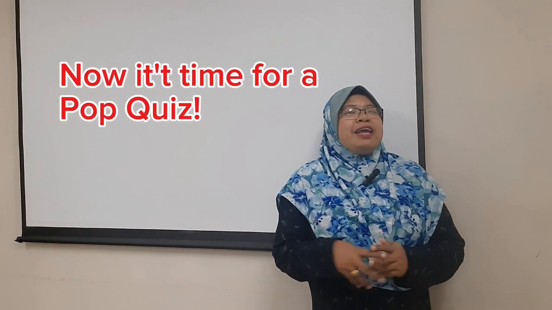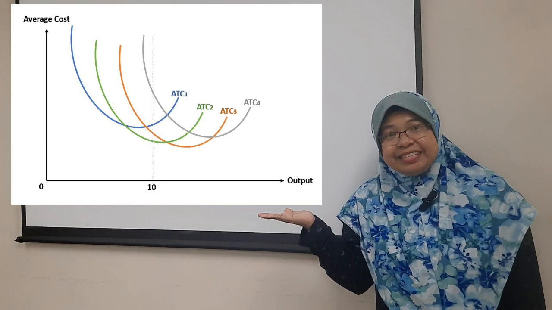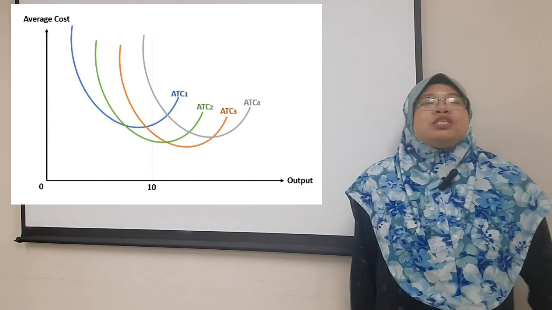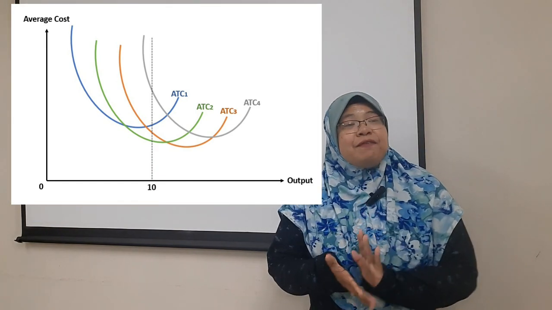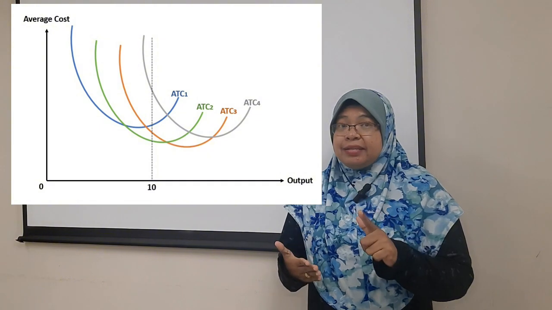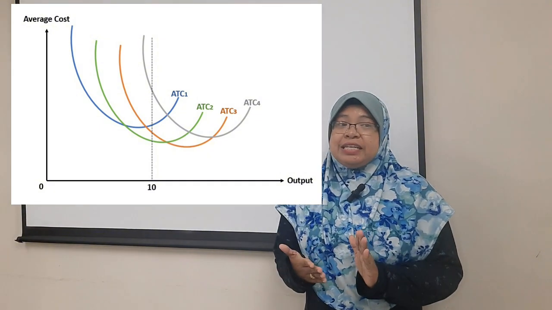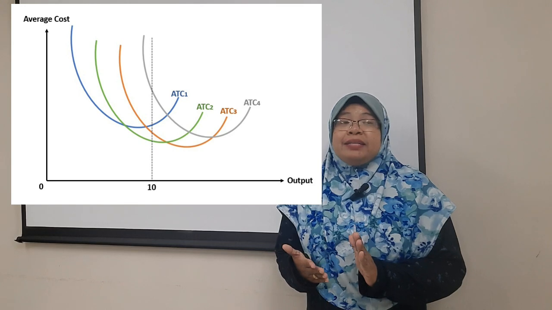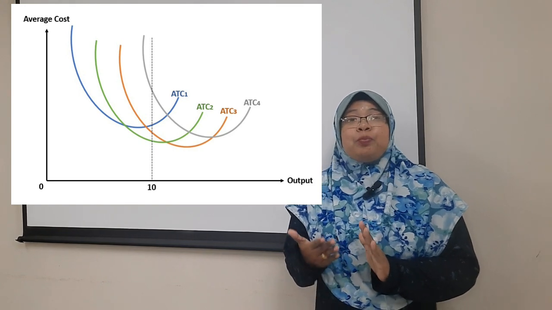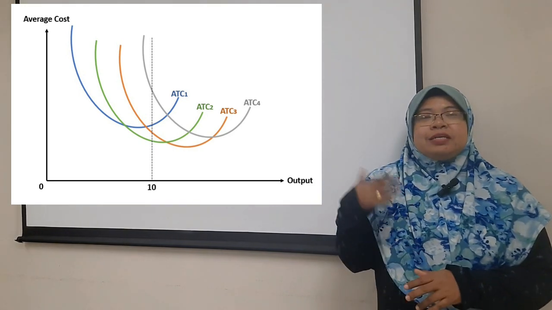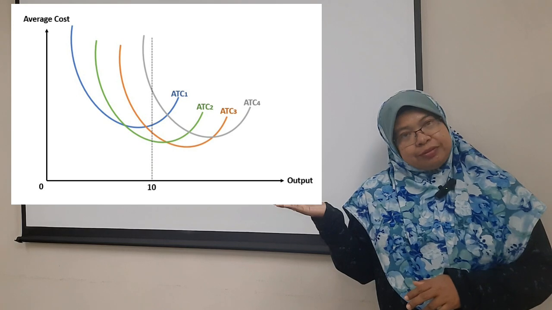Okay. Now, try to look at this diagram. Can you identify which plant is the most efficient plant to be used to produce 10 outputs?